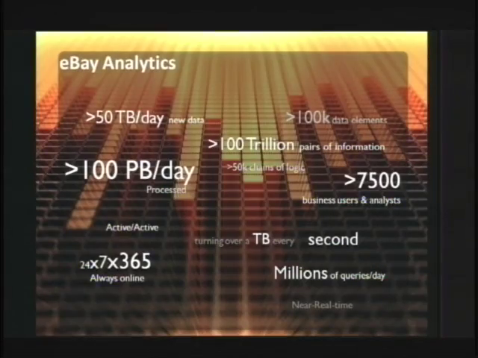And it goes way beyond 100,000 data elements. We have 55,000 batch chains that massage the data in place in our analytics systems. And for the application logs, we have over 100 trillion pairs of information in a table. Our user community is up to 7,500 named users. Oops, that's a secret. 7,500 named users on our enterprise class data warehouse. And they are sitting all over the place in the whole company.